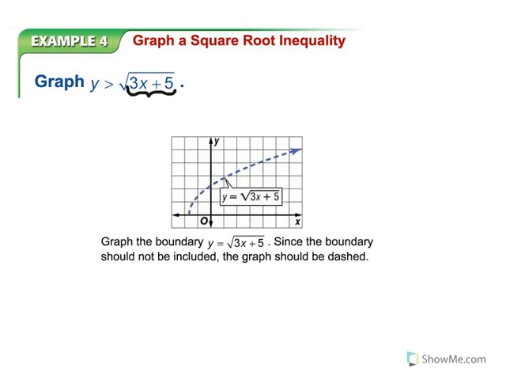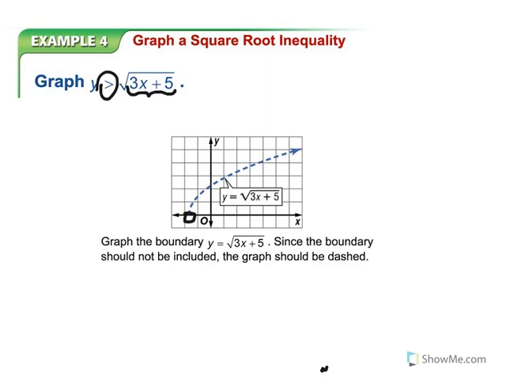So the first thing is, when you actually graph this, we're graphing the boundary, and since it does not have a line underneath, we have to make sure that we have a dashed function, and also it's going to be an open circle here on the x-axis, so right there.